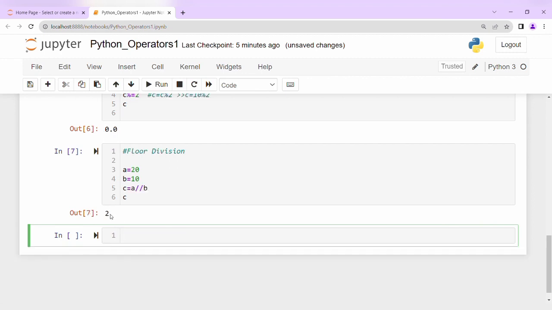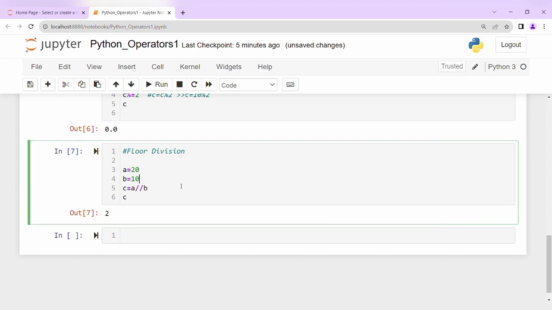So what it gives? 20 divided by 10, this is 2. So in this floor division it gives quotient.